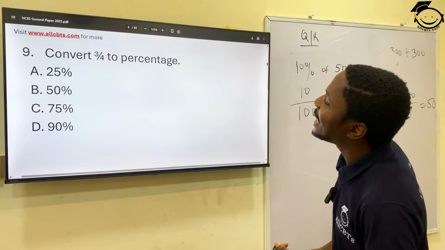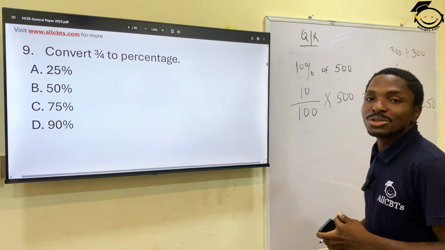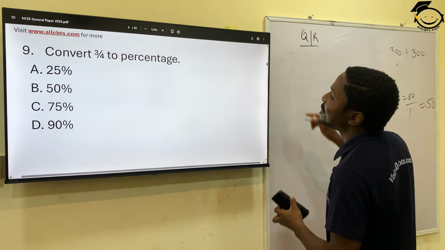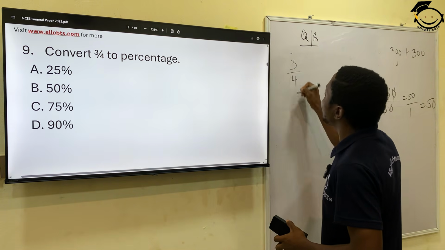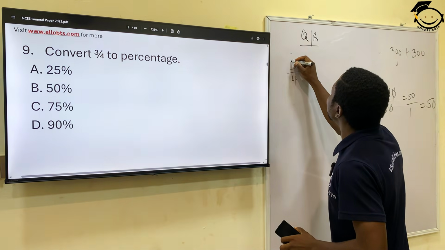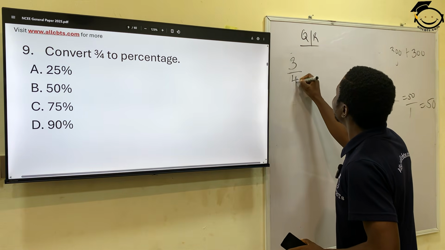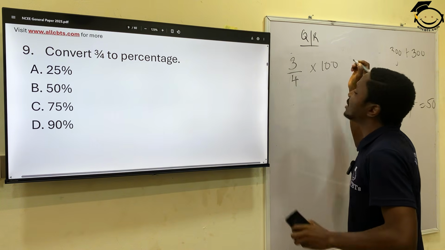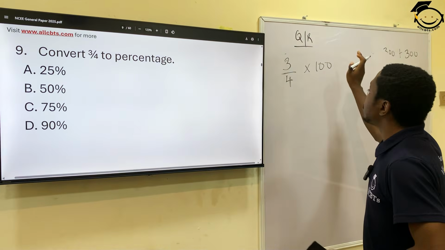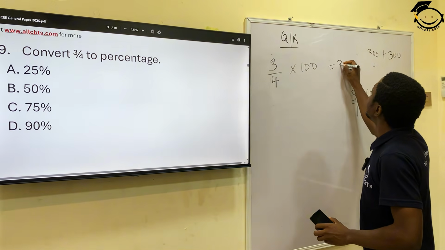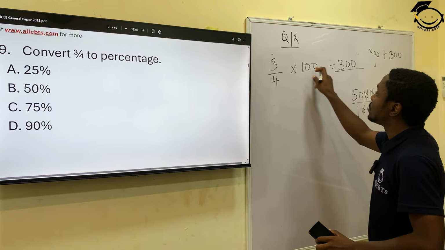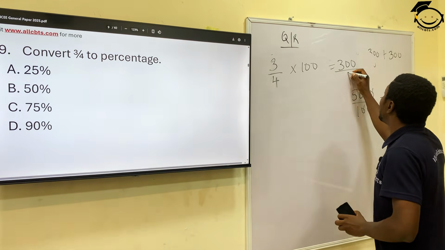Question number 9. Convert 3 over 4 to percentage. So 3 over 4. Remember I said percentage means 100. So 3 over 4 times 100. That's simply what it means. So 3 times 100 will give you 300 over 4.